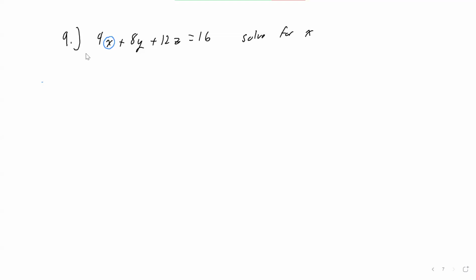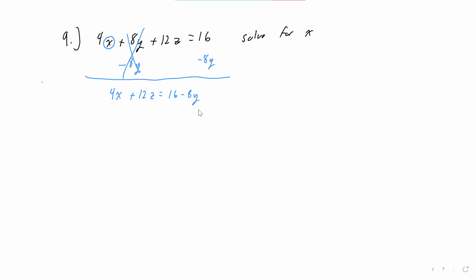So what do y'all want to do first? Okay, perfect. I see some addition, so I'm going to get rid of that first. So I'll bring down my 4x plus 12z. I can't combine these, so I write it out as 16 minus 8y.